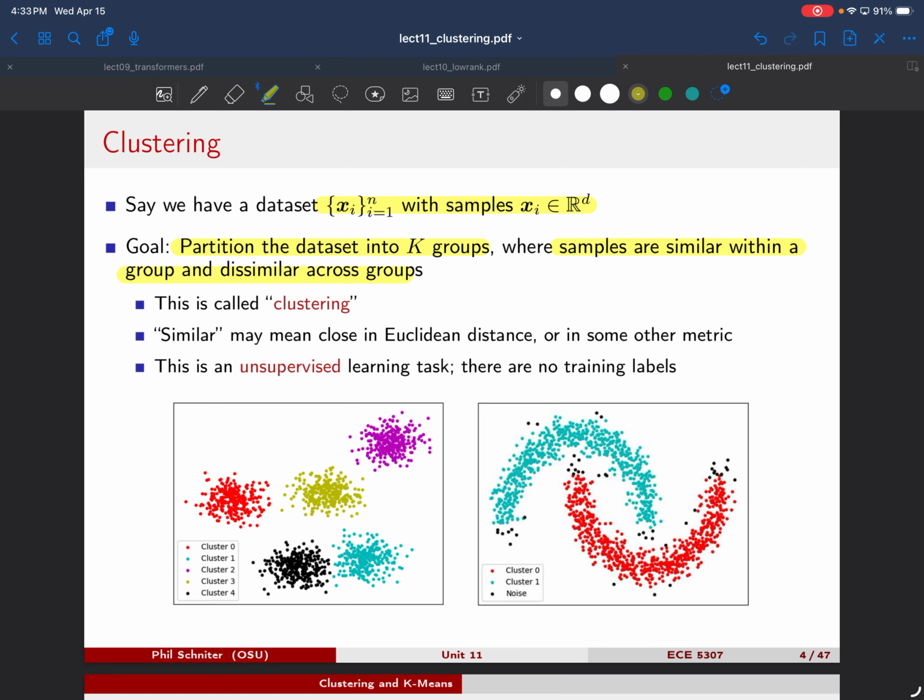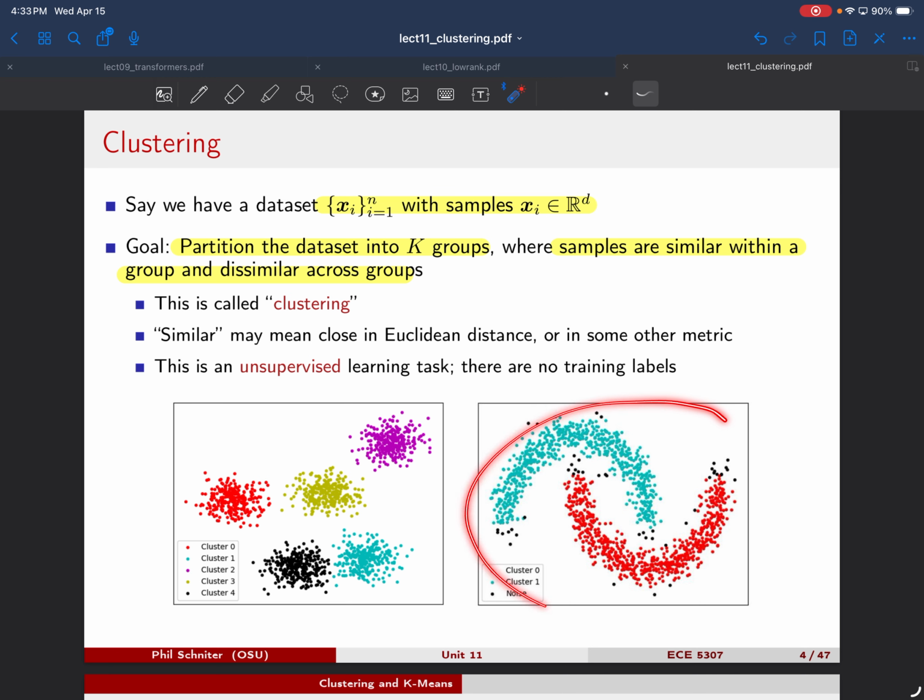For example, maybe you were given this two-dimensional data, and the clustering algorithm did not know anything about labels, but its job is to generate labels automatically from the data. So it decided that these were in one cluster, these in a different cluster, and so on. This makes a lot of sense. As a human, you'd probably do the same thing, just in terms of Euclidean distance, these are all close to each other.